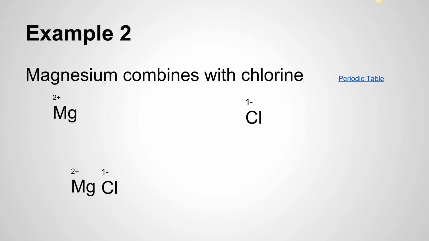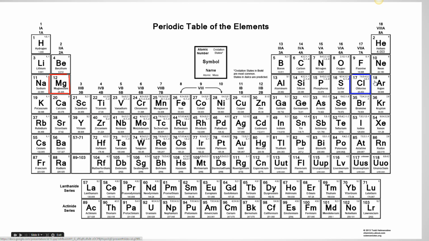Our second example, we're going to look at magnesium combining with chlorine. Now magnesium, we look it up on the periodic table. Magnesium is in the second group of the periodic table, so it has 2 valence electrons that it needs to give up.